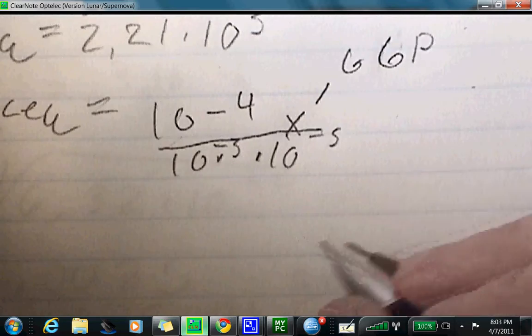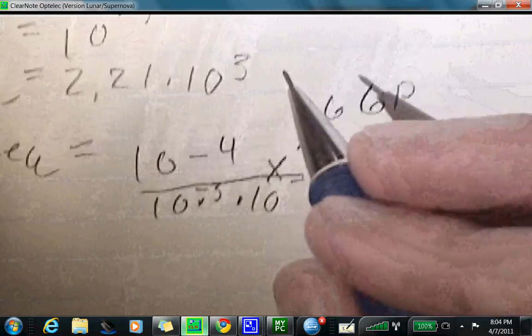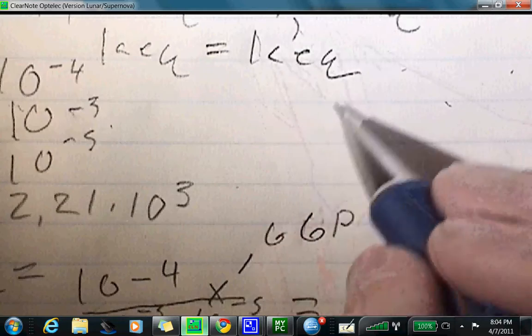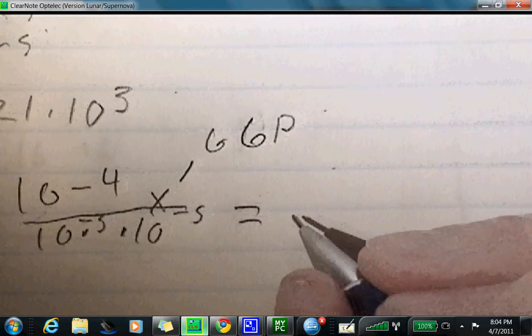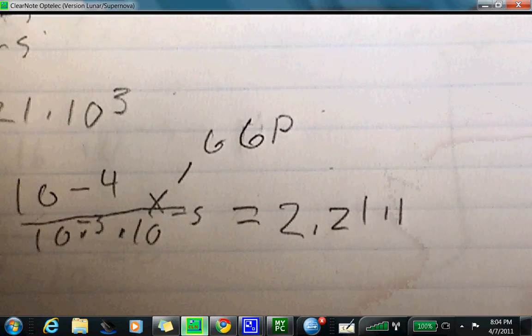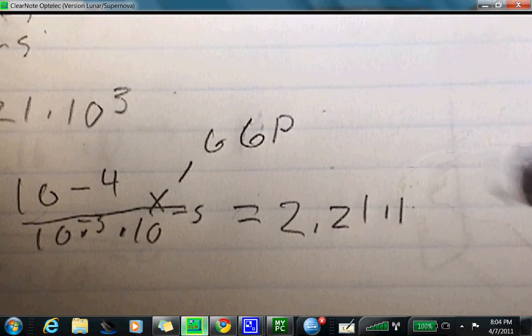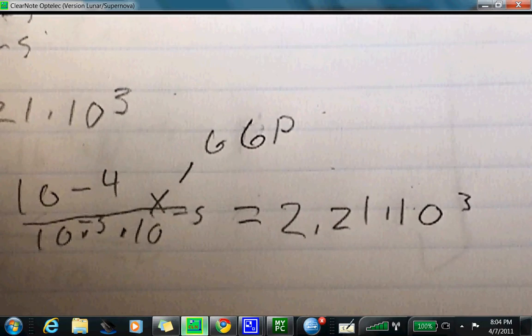Now plugging this into our actual equation, this is going to equal the K prime eq up here. K prime eq equals 2.21 times 10 to the third power.